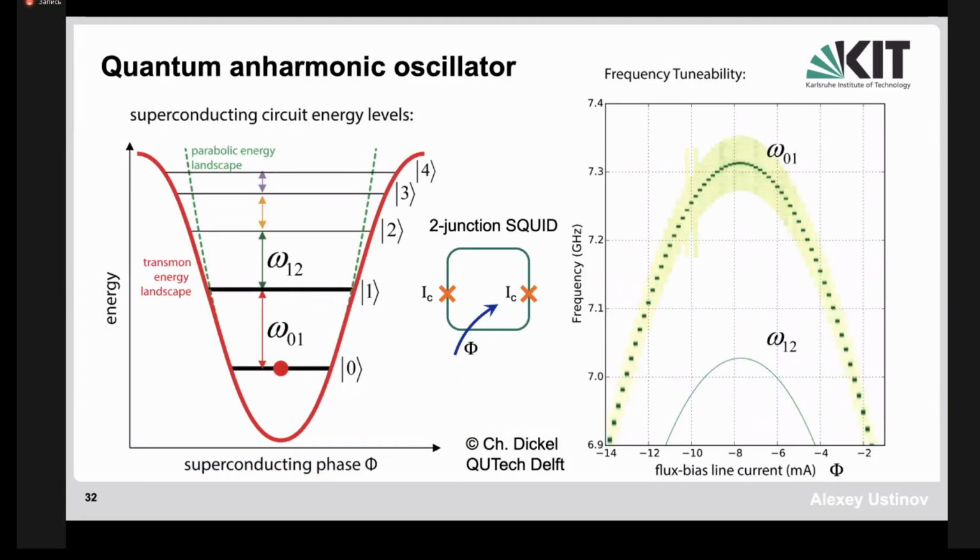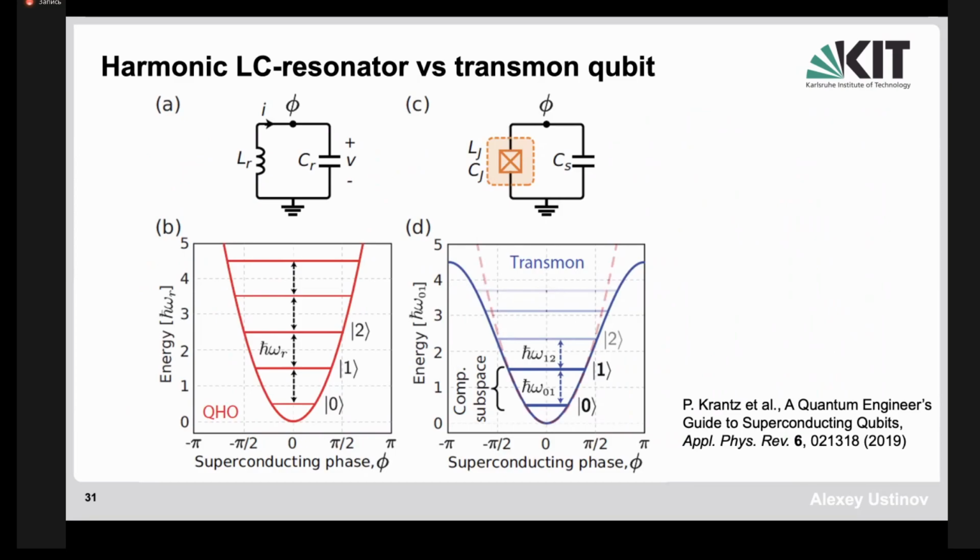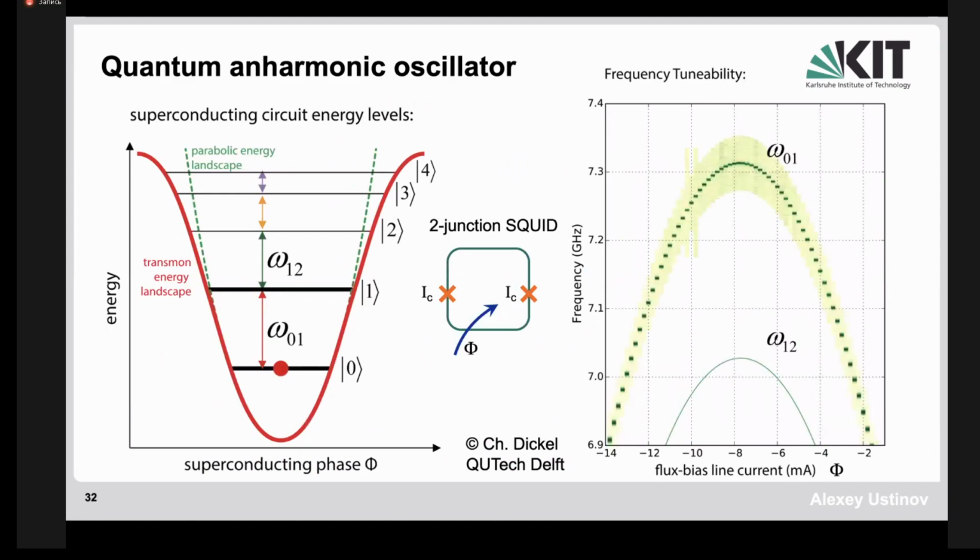As this transmon, you're getting an anharmonic oscillator, and it's also convenient, instead of a single Josephson junction, which we use here. Remember, here we have a single Josephson junction. Now we can split this Josephson junction in two. We can make a DC SQUID, which I explained briefly in the previous lectures.